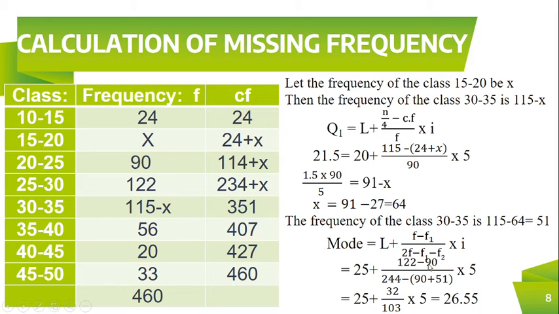So 122 minus 90 divided by 2f, 2 into 122, which is 244, minus f1, 90, plus 51, into i, the size of the class interval, which is 5. Having solved this, we arrive at our answer of mode as 26.55.